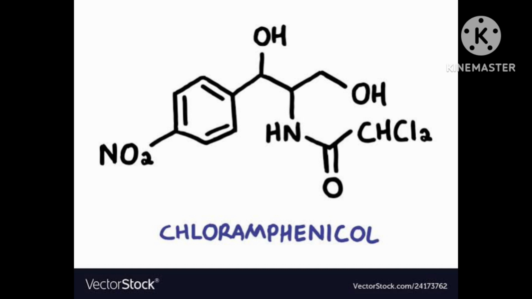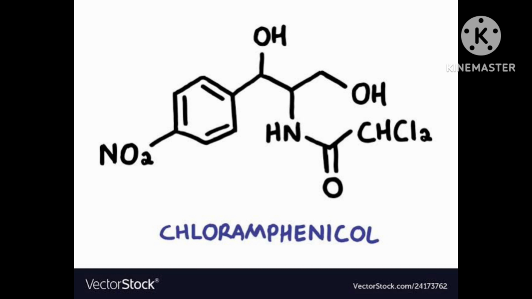In the 5-membered ring sulfur and nitrogen will be there, and in the 4-membered ring nitrogen will be there. Both rings are attached to each other.